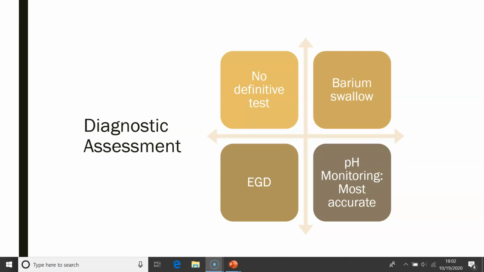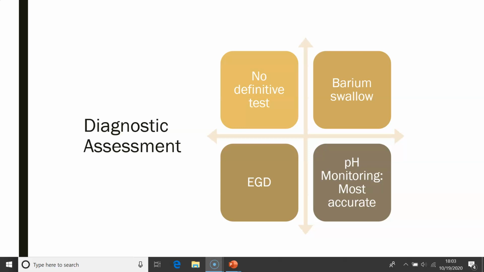Please keep in mind that pH monitoring is the most accurate method of diagnosing GERD. It involves placing a small catheter through the nose into the distal esophagus and temporarily attaching a small capsule to the wall of the esophagus during an upper endoscopy.